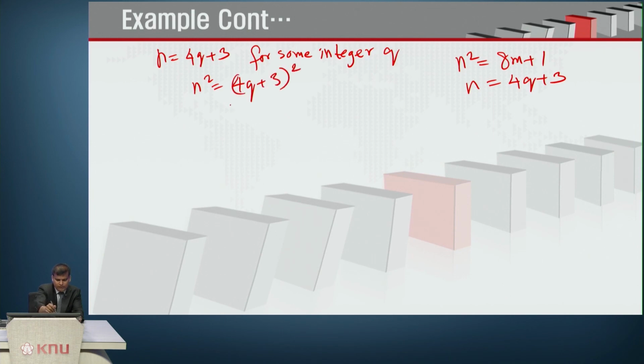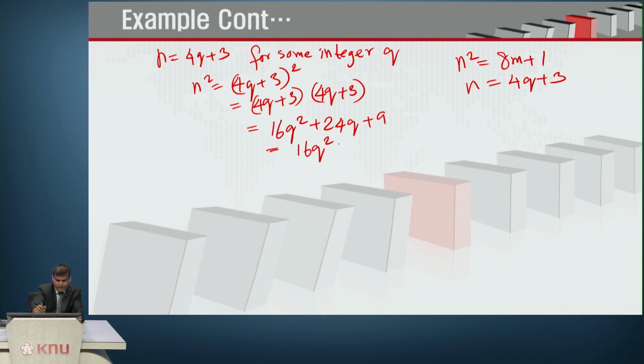And with this thought, again we can simplify 4q plus 3 times 4q plus 3, and simply try to solve it, 16q square plus 24q plus 9, and again try to simplify it, 24q plus 8 plus 1.